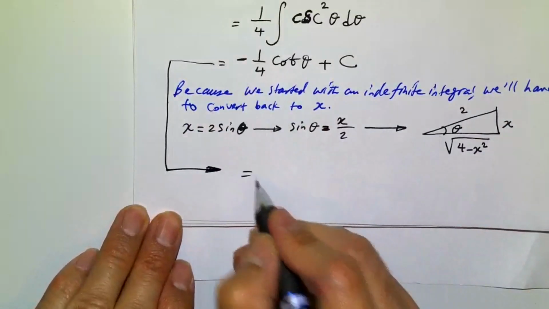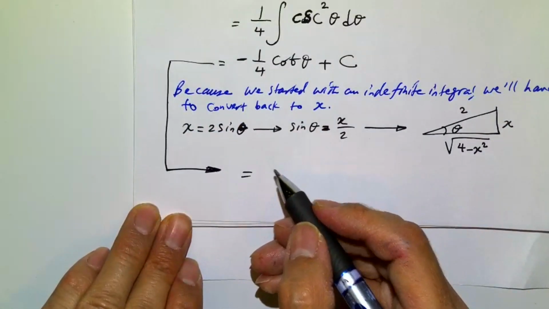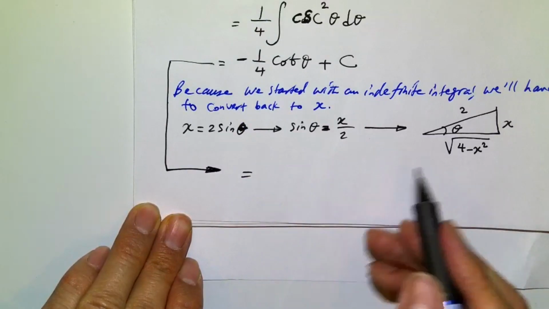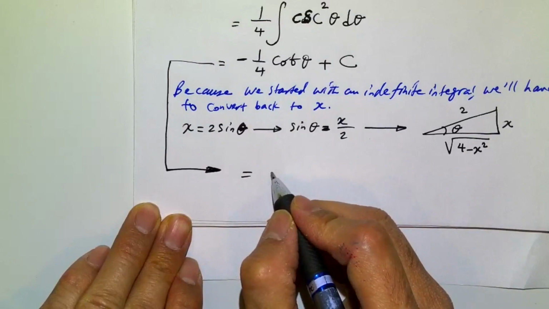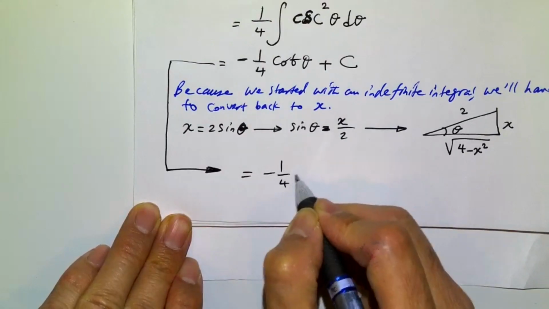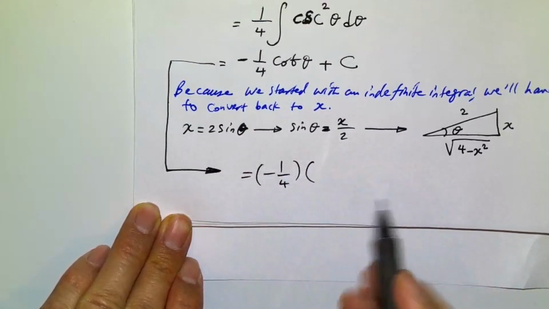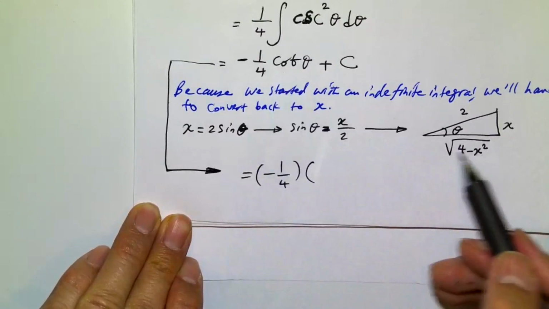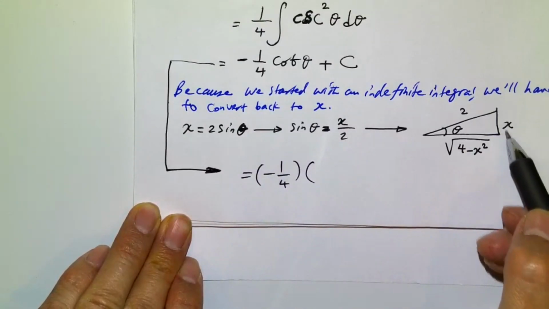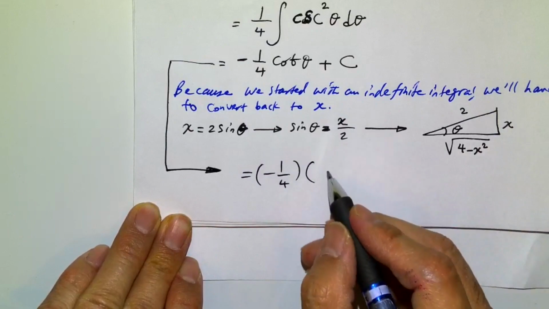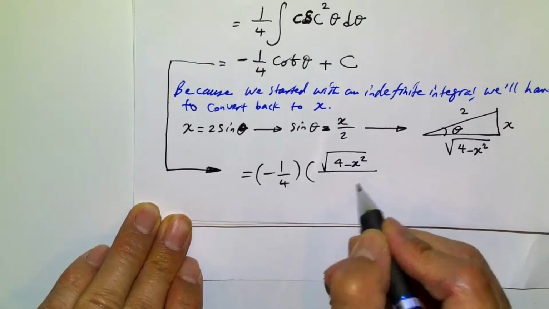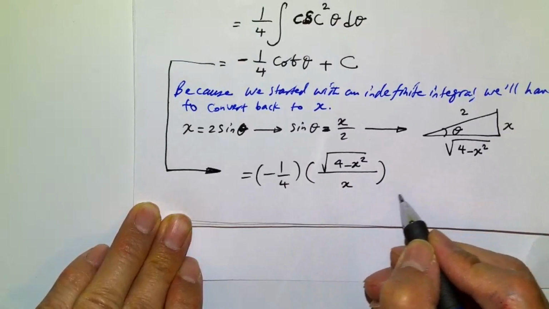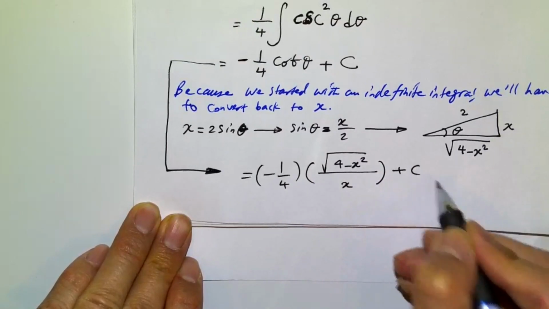So then we can write minus 1 over 4 times cotangent theta, adjacent divided by opposite: square root of 4 minus x squared over x, and then of course plus c.